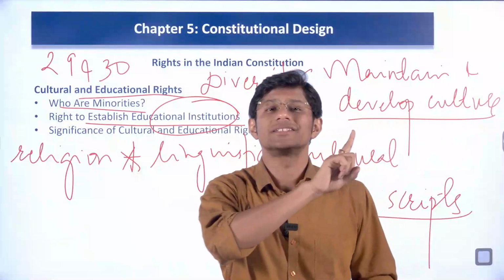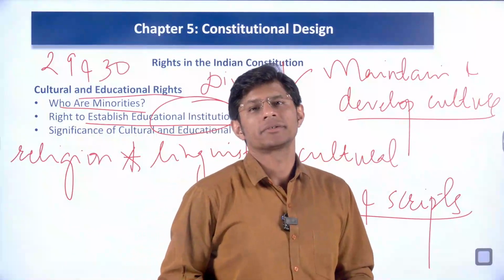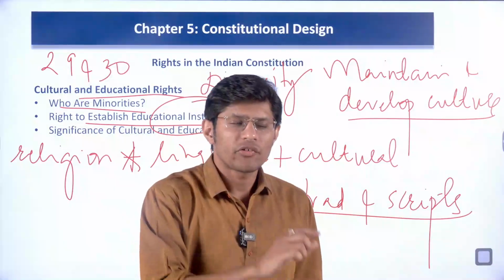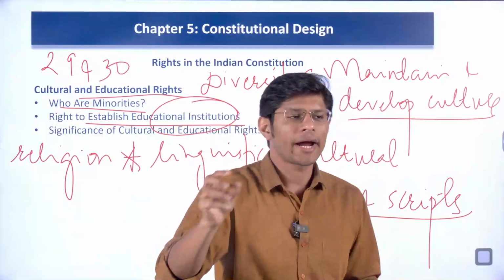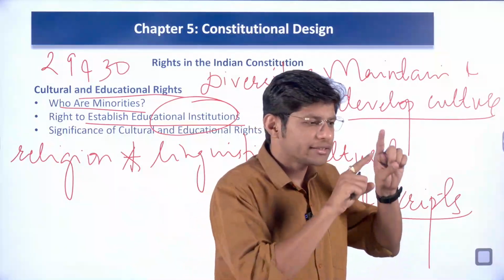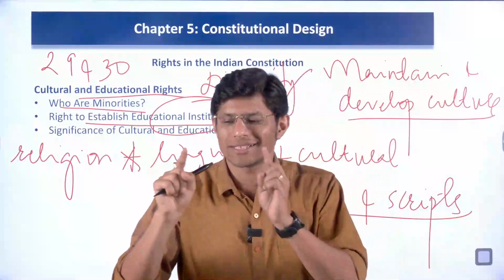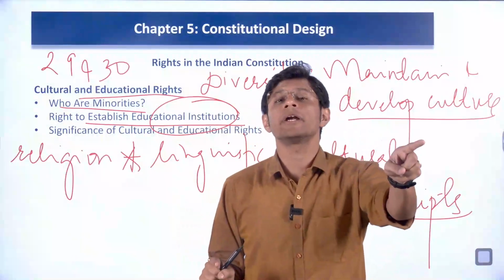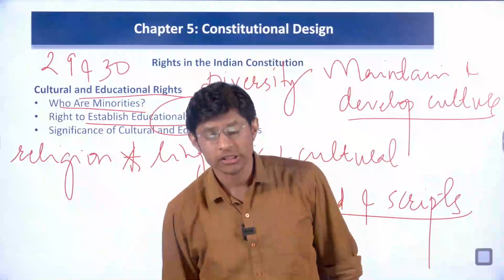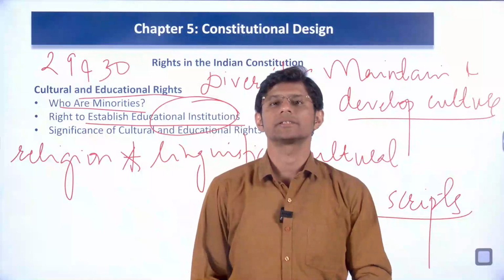There should be no discrimination. I hope you understood this concept. So if an institution meets the required standards as set by the government, it is eligible for government assistance, which means the government also funds the minority educational institutions if they are meeting certain criteria.